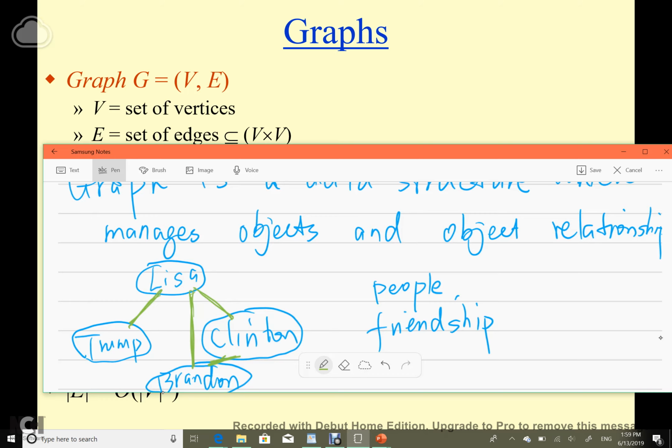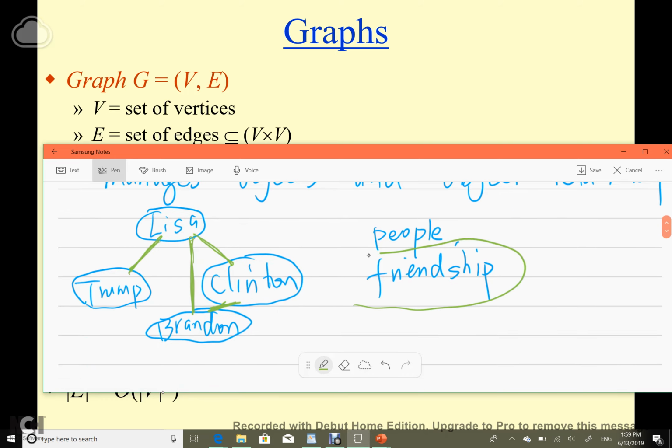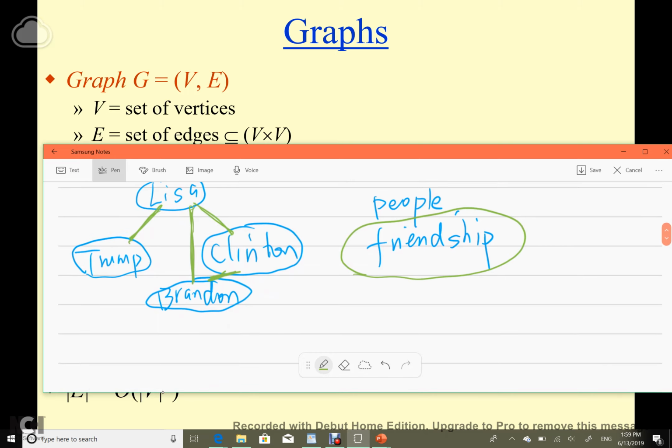If we have to represent this friendship, we have to store the information for each object, right? So let's write it down here.